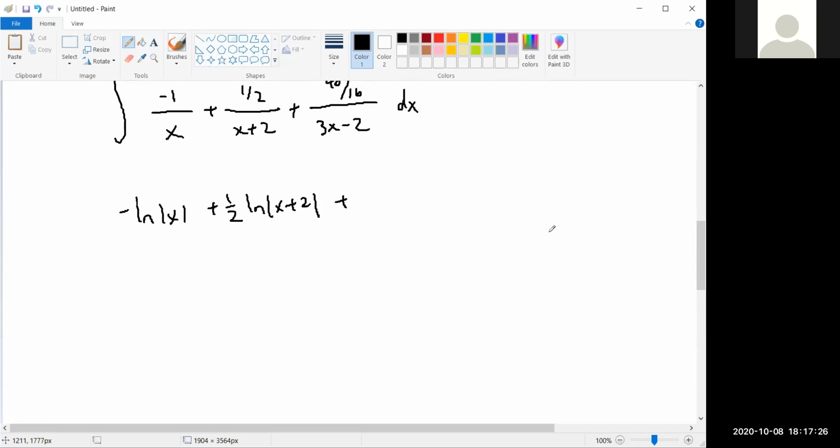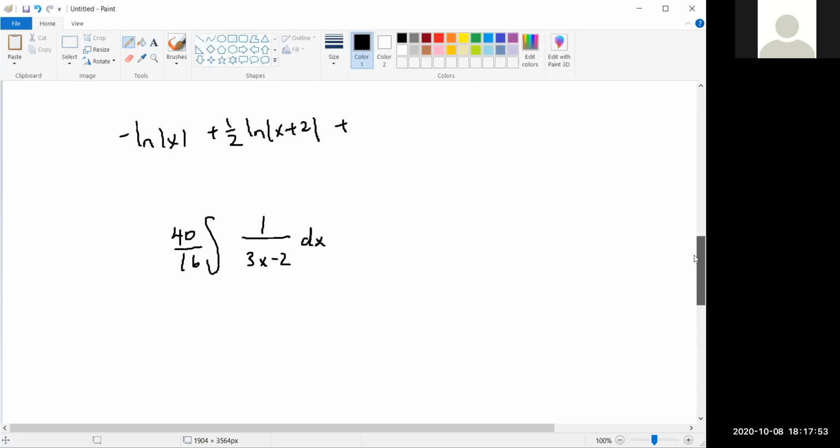I don't think it's 5/2 anymore. So let's do that on the side, because this one actually has multiple steps. We're trying to do this, right? The integral of 40/16 times 1/(3x minus 2) dx. We don't have to factor out the 3, but we do have to do something with 3 because this isn't just a regular ln form.